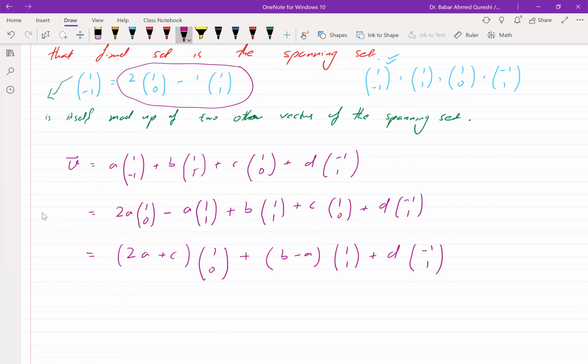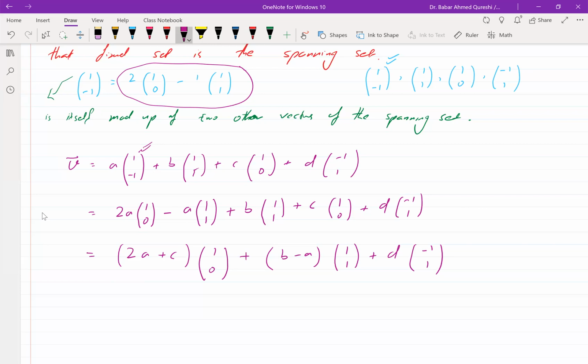That means first I established that I can write any vector of R2 as a span of these four vectors. But then I found that one of them can be written in terms of two other members of this set. So whenever I make a linear combination, I can replace this guy by that linear combination which makes it up.